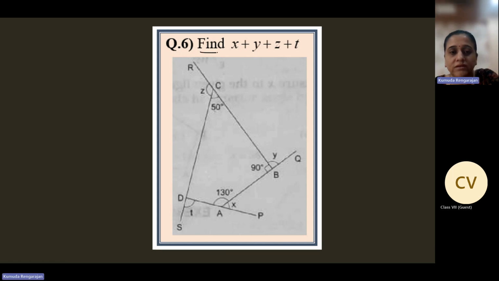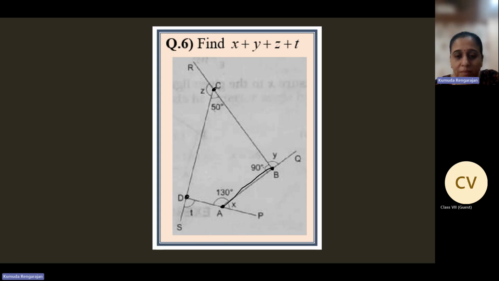So the question is find x plus y plus z plus t. X, y, z, and t. So now this figure, let me just mark the vertices first so that we understand how many sides this polygon has. Vertex A, vertex B, vertex C, vertex D. Now let's join the vertices.